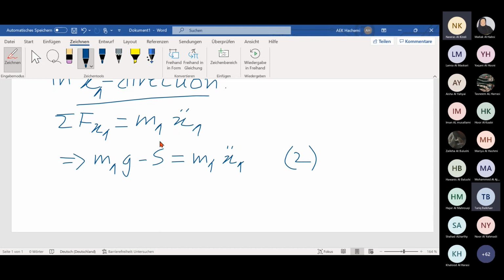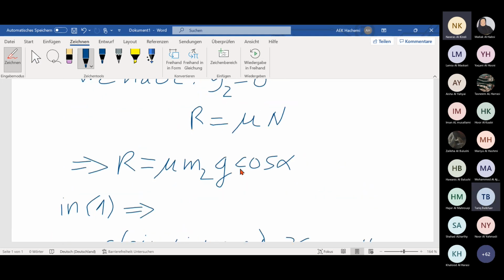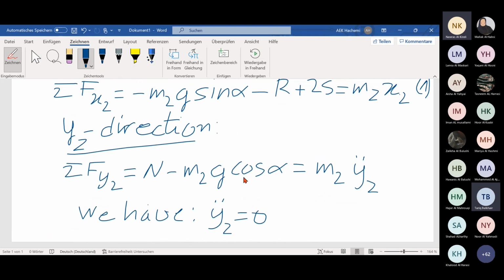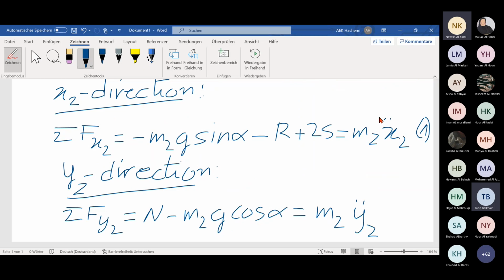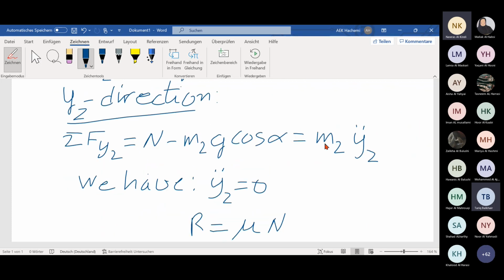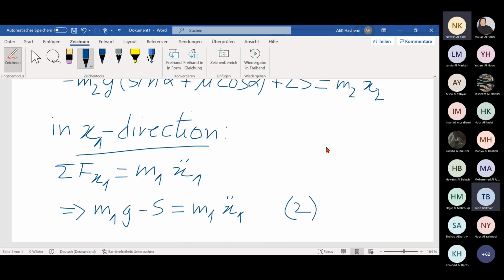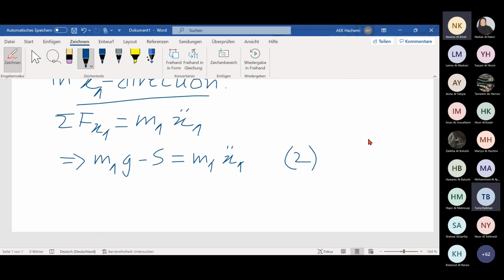Now we have to find the relationship between the acceleration for the mass M1 and the acceleration for the mass m2, that means for x dot dot 1 as well as x dot dot 2. This is what we call the kinematic relation, how the motion happens.